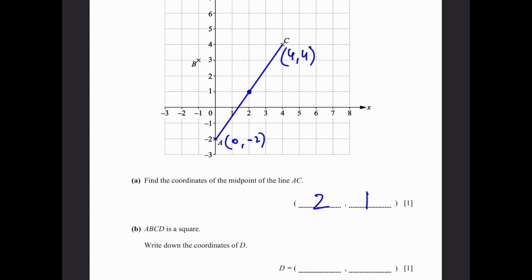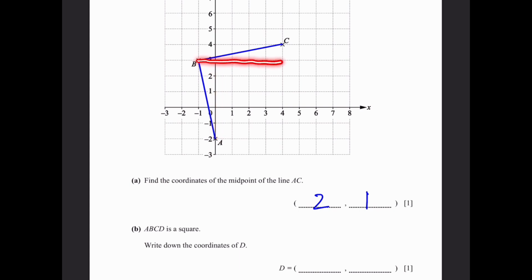B, ABCD is a square. Work out the coordinates of D. So I'll just erase these annotations right now to make it clearer. Now, we'll draw AB and BC. Both these lines have 5 and 1, which means AB has 5 on y and 1 left on x, which means a negative run.